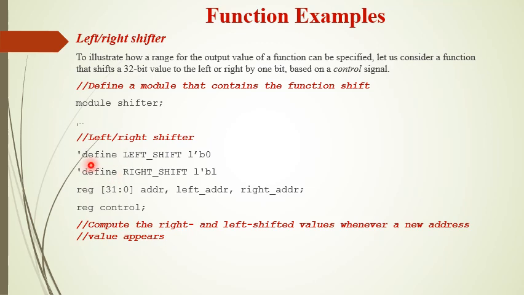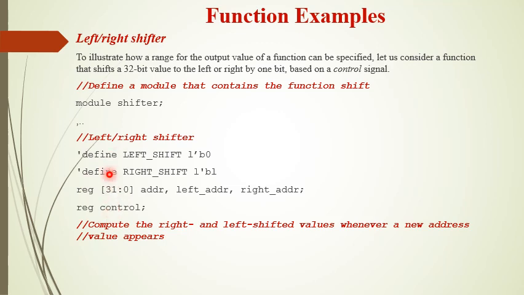Inside this module I declare two constants using the define directive, that is left shift and right shift, and assign left shift to 0 and right shift to 1. In addition, I declare address, left address and right address as 32-bit registers. And there is one more signal, control, which is a single bit register.